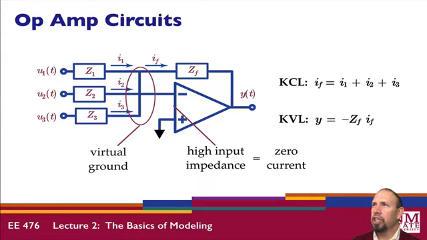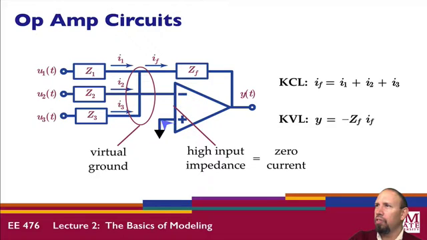The next circuit component we have is an op-amp circuit. So the op-amp is an important circuit. The op-amp essentially has what is called a high impedance input. And that high impedance input has several ramifications. One of the ramifications is that since it's high impedance, there's no current flowing through this device.